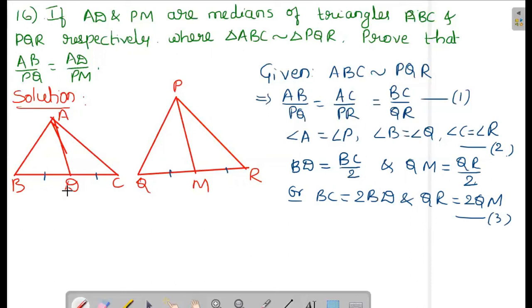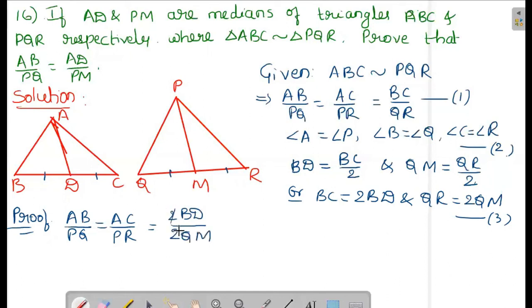Now we'll prove from 1 and 3. So proof: 1 is AB by PQ is equal to AC by PR. In place of BC, I'll write 2BD. In place of QR, 2QM. 2 gets cancelled.